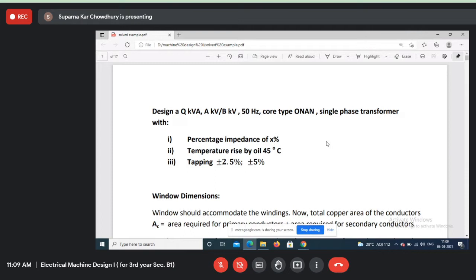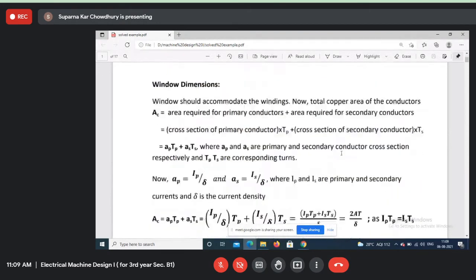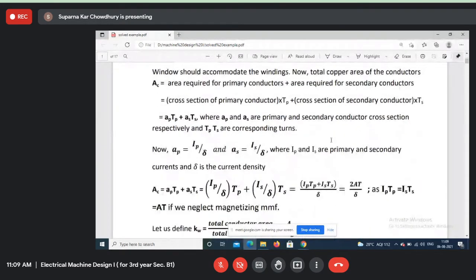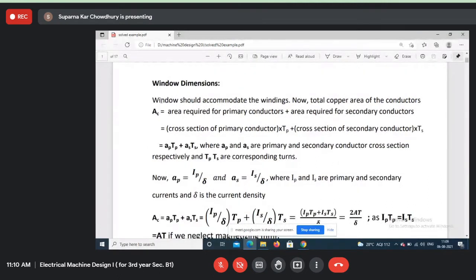First thing, the window dimension. Now what is the window? For the core type transformer, the window dimension has to be related with its rating. Now how do you relate it?